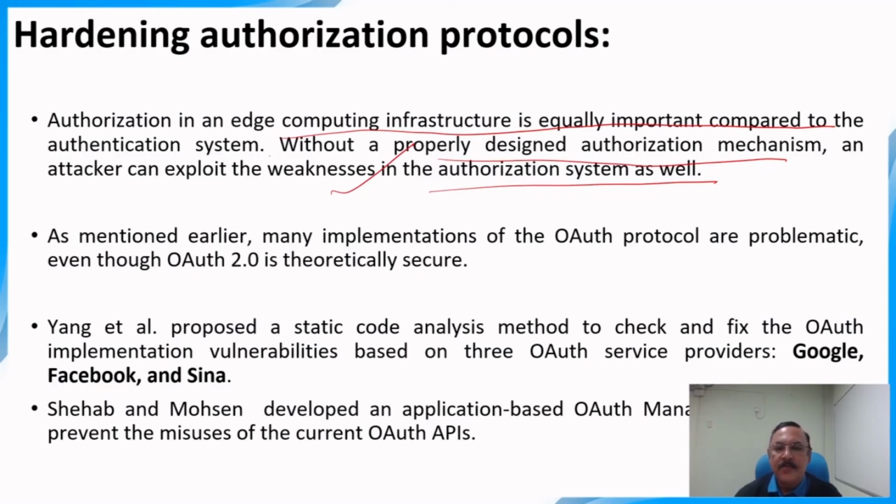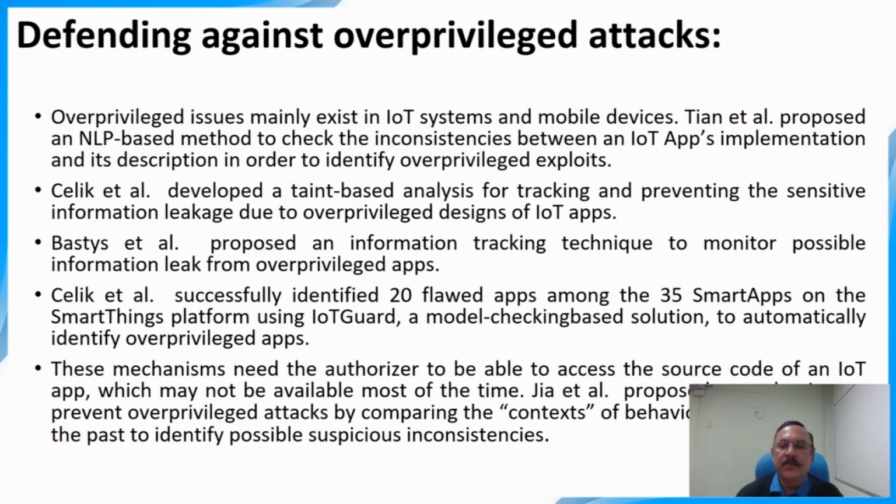So, there are many implementations of authentication protocols, and different versions are even theoretically secure. Then there are various works and authentication service providers such as Google, Facebook, and Sina. They first check, and then a lot of new ways are coming which can be exploited using APIs.